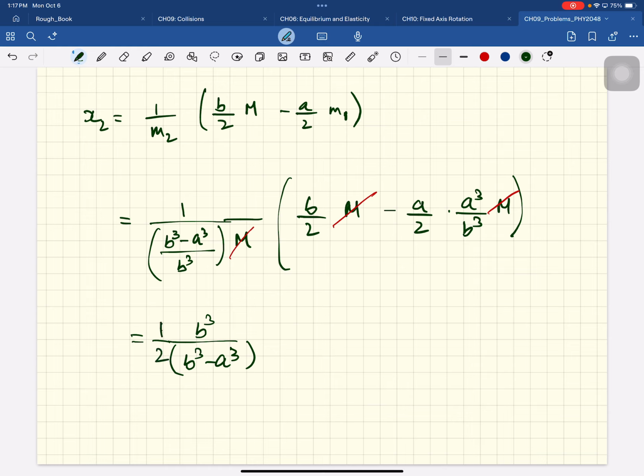The half is a common factor and comes out, times B to the power 4 minus A to the power 4. This B cubed cancels. So this is equal to 1/2 times (B to the power 4 minus A to the power 4) over (B cubed minus A cubed).